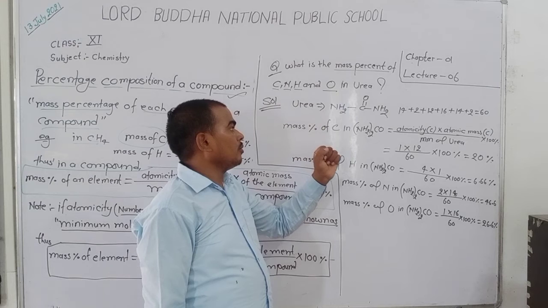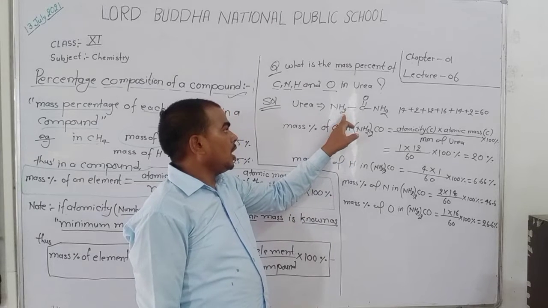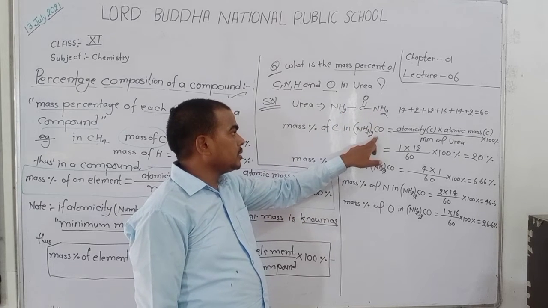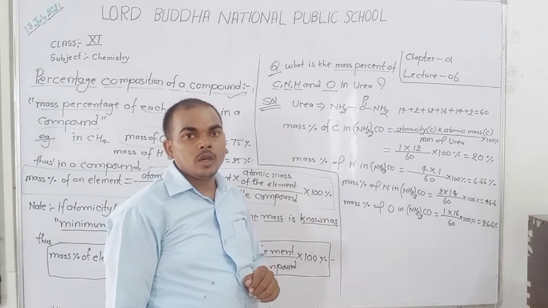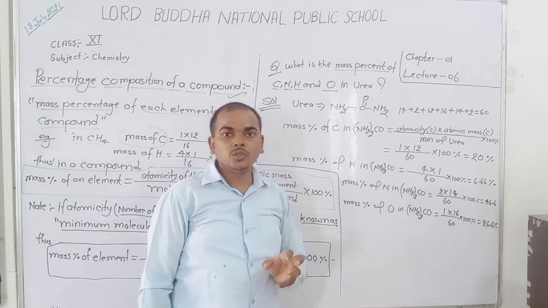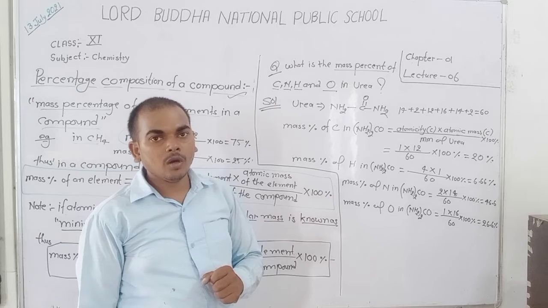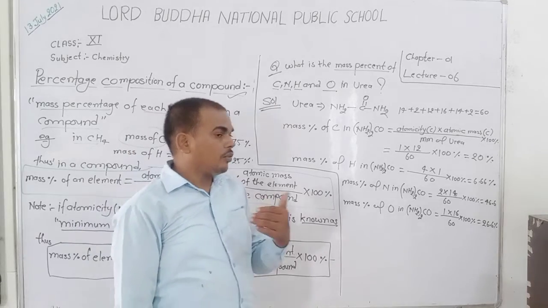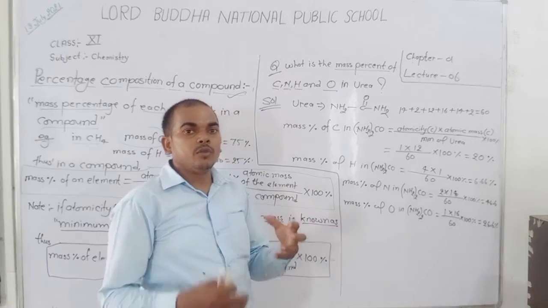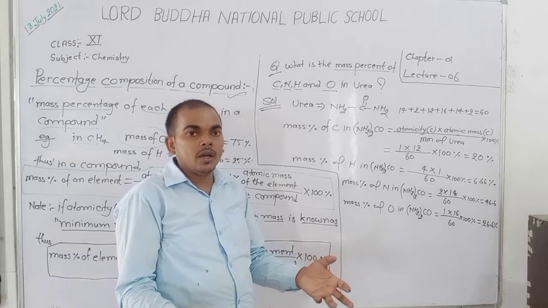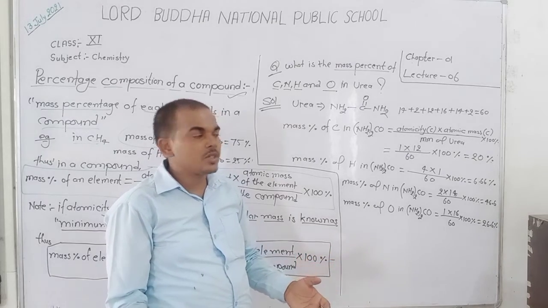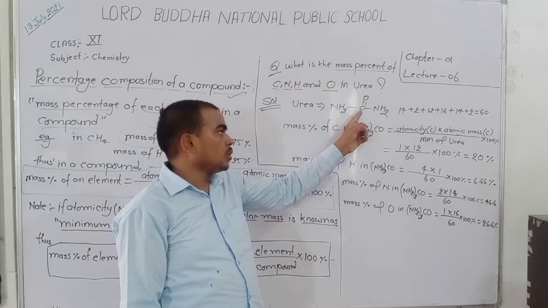In short form, we write (NH2)2CO. But if we want to represent urea in the form of its structure, then we write NH2CONH2.